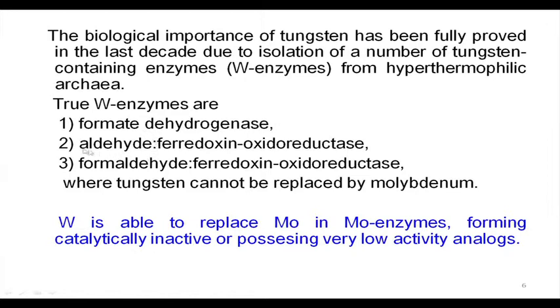So, aldehyde is oxidized to the corresponding carboxylic acid, and that particular electron transfer is all the time coupled with iron sulfur proteins. So, we have these iron sulfur proteins, that means the ferredoxin molecules, and these ferredoxin molecules are responsible as an electron sink, that means they can take off electron from the system and they give up the electron to the system. In such a way, the substrate aldehyde is getting oxidized.